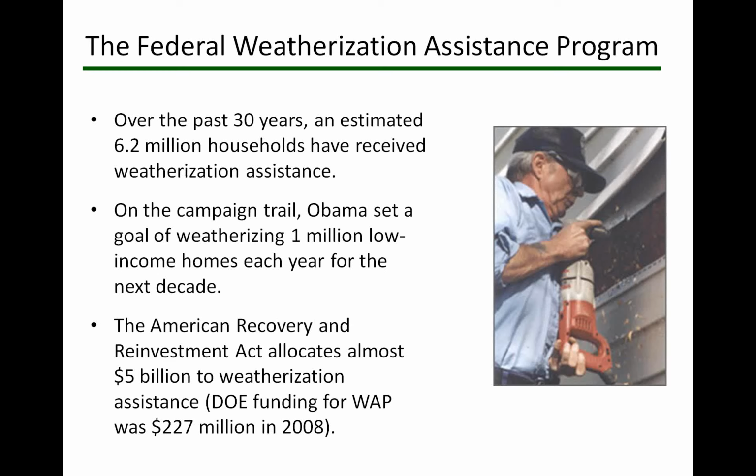This program's been around for decades, but very recently, under ARRA, received a huge shot in the arm in terms of dramatic increase in funding, which has dramatically increased the scale and scope of the program. And the basic idea of the program is if you are 200% of the poverty line or below, you are potentially eligible for a non-negligible amount of support for weatherization.